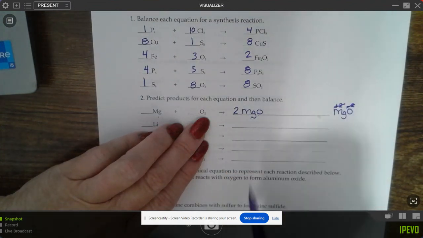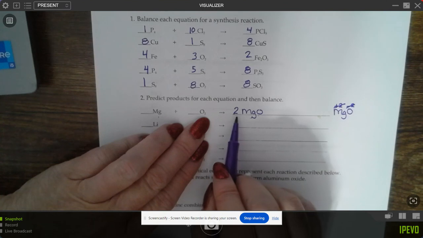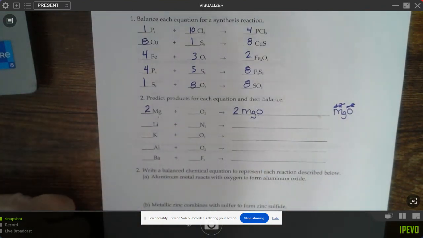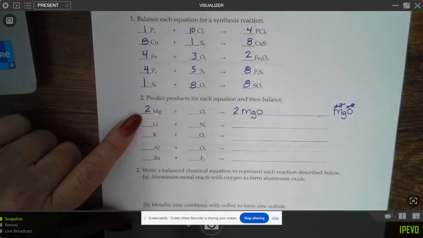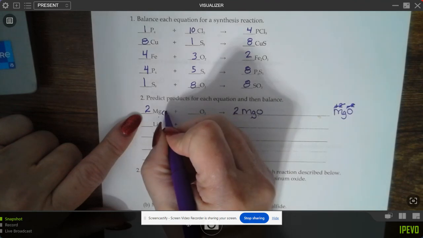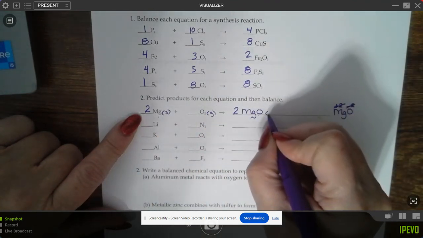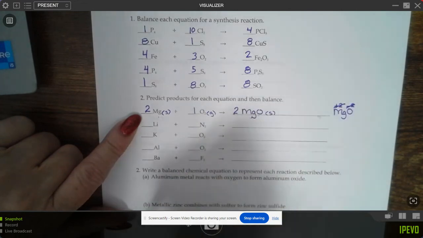All right, so now my oxygen's balanced, but now I have 2 magnesium, so I need to add a 2 over here as well. Okay. When you do these on a quiz or a test, you will be asked to include the states. And I think you guys have been pretty good about knowing what's what in terms of the states.